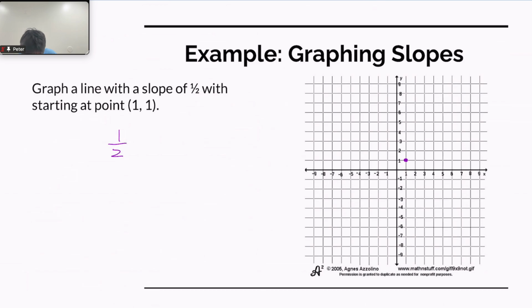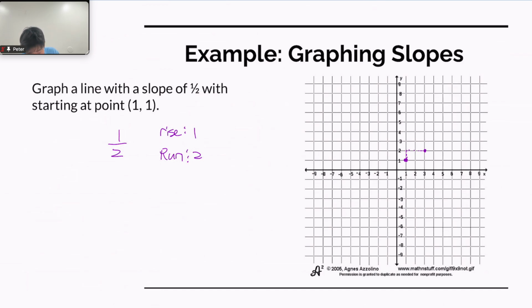So the rise is 1 and the run is 2. We rise up 1 because it's positive, and then we run 2 to the right because it's +2, moving toward the positive side. The next point will be 3, 2.